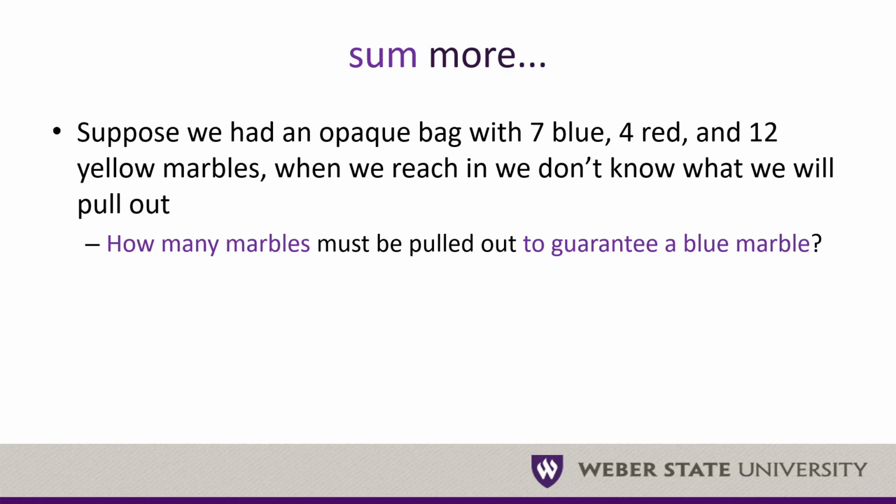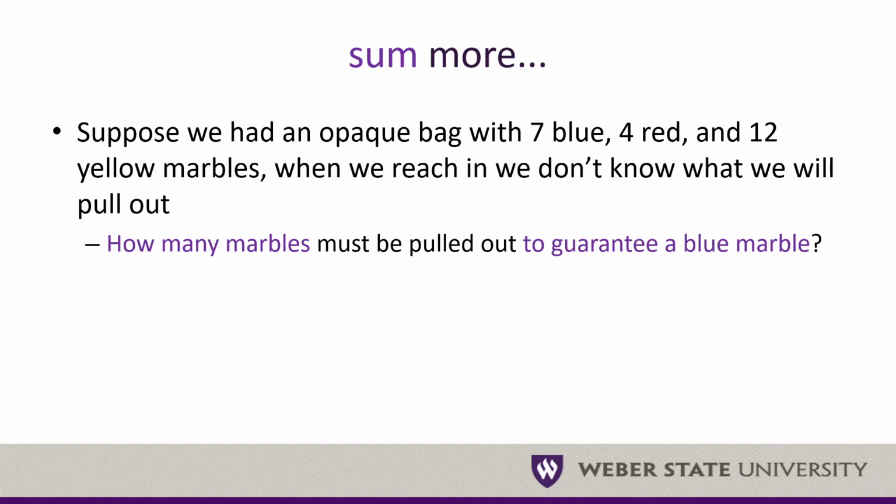How many have I pulled out? How many do I have to pull out until I can tell you without a doubt the next one I pull out will be a blue? 16. The number of red plus the number of yellow.